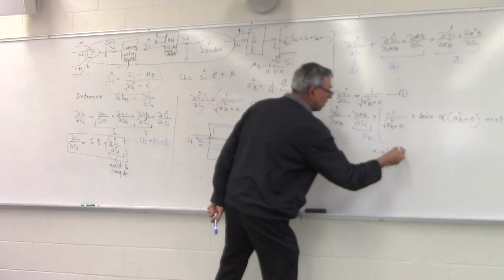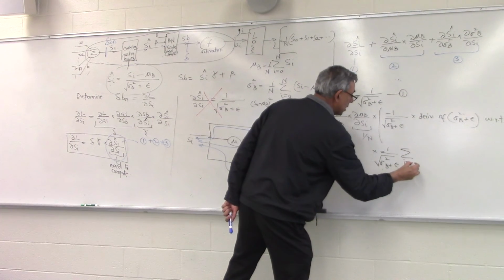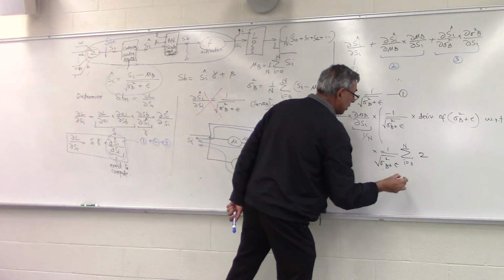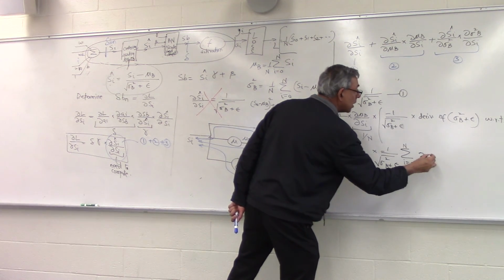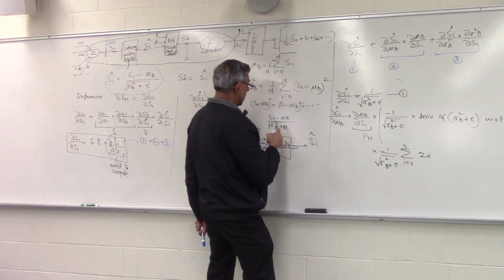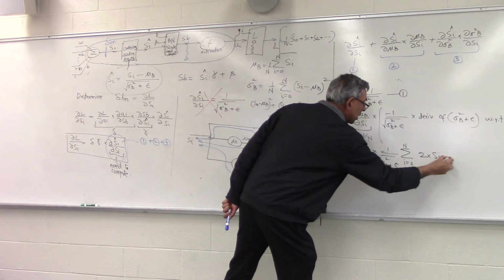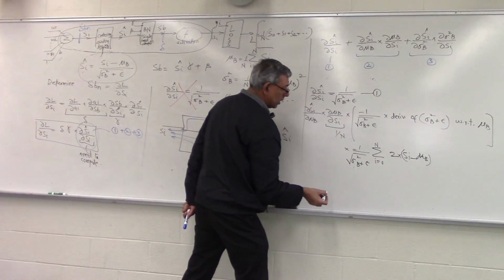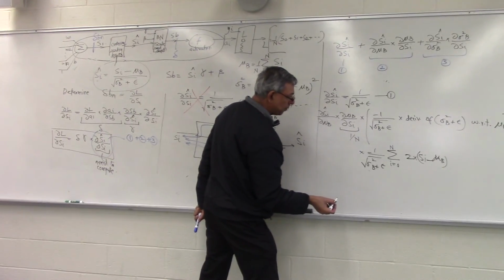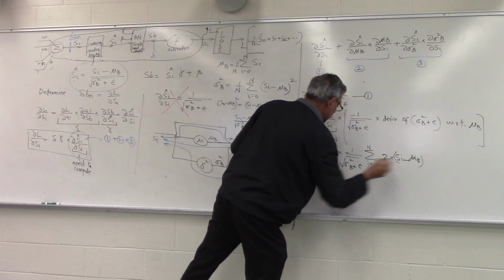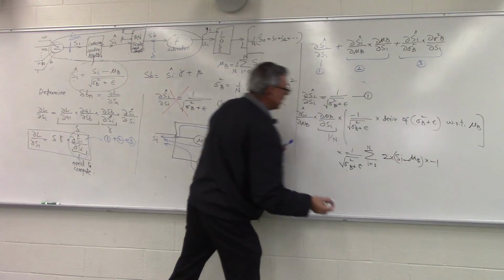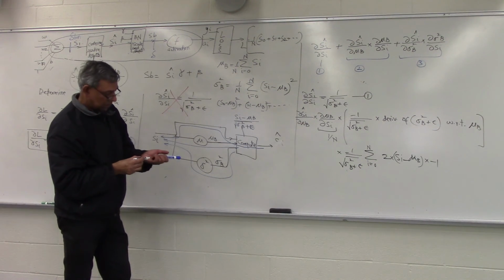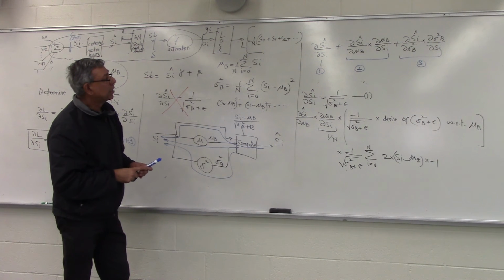So you can see this will be the sum over i equal to 0 to n, 2 goes over there, times SI minus mu B, times minus 1. Okay, so that gives you this answer.